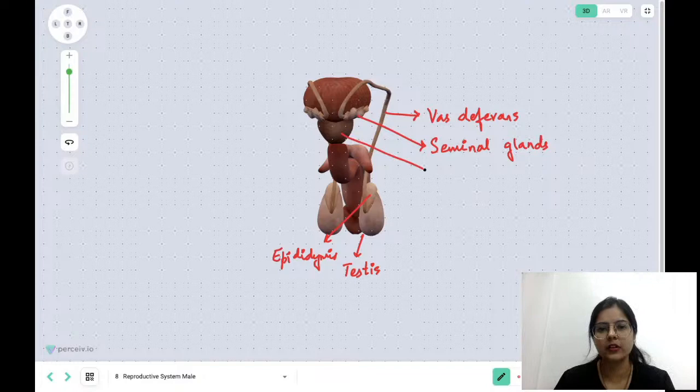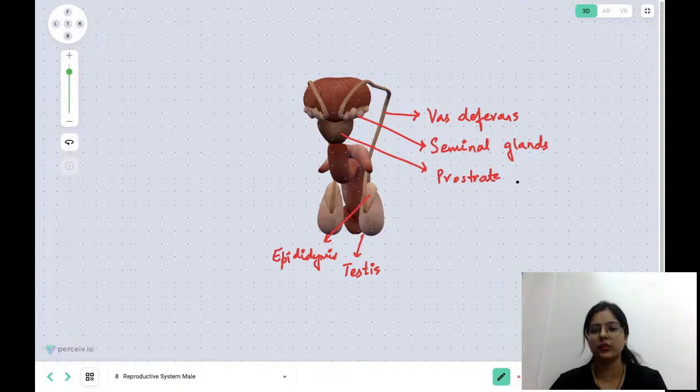This becomes your prostate gland. We will be first labeling all the things, and then I'll show you the individual components through different slicing tools as well. So this is the prostate gland, which is also one of the important glands.